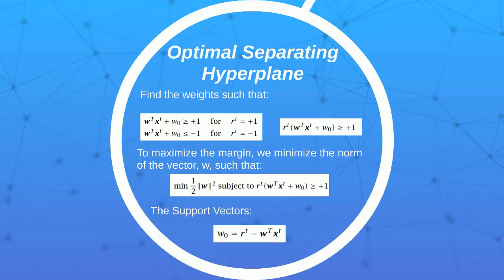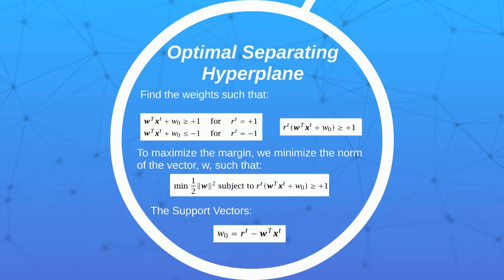These data points are known as the support vectors and can be used to calculate w naught using the equation you see here at the bottom. Each individual point can be used to solve for w naught, and then for numerical stability, it is advised that this be done for all support vectors and an average taken. The discriminant thus found is called the support vector machine.